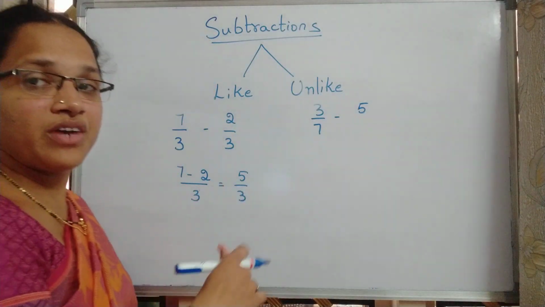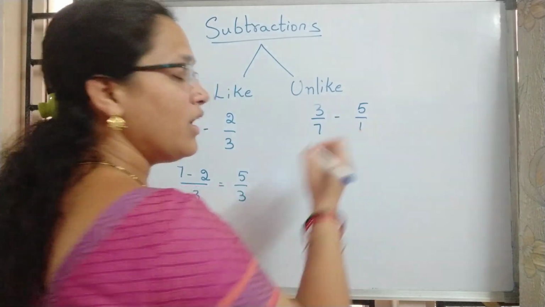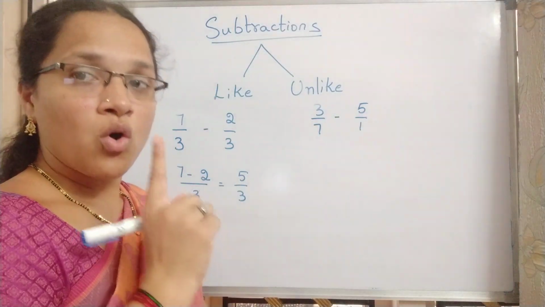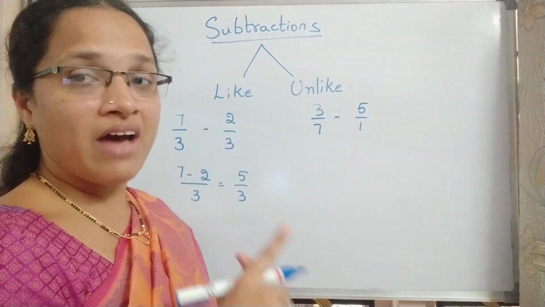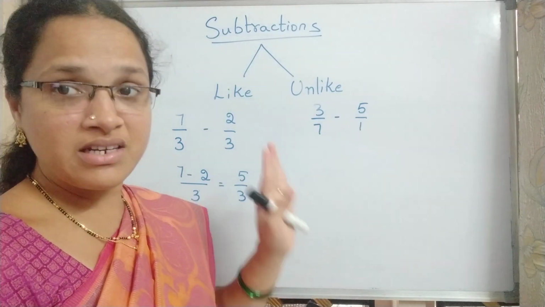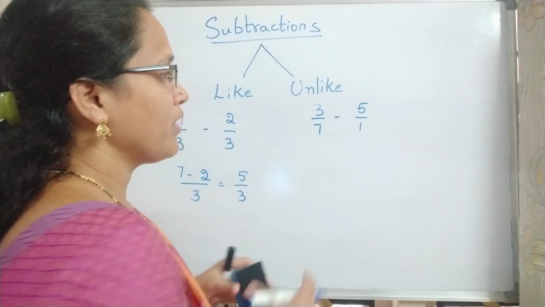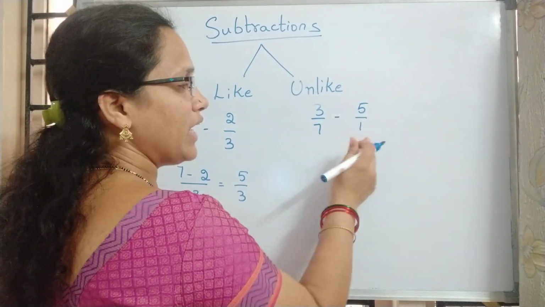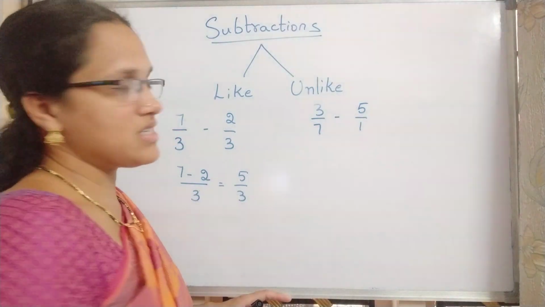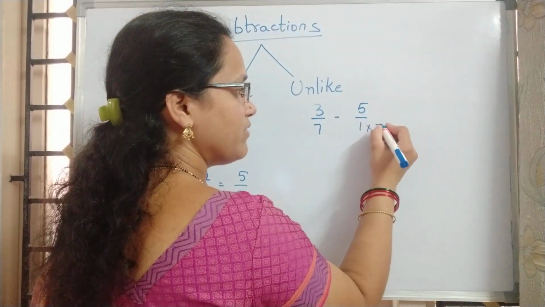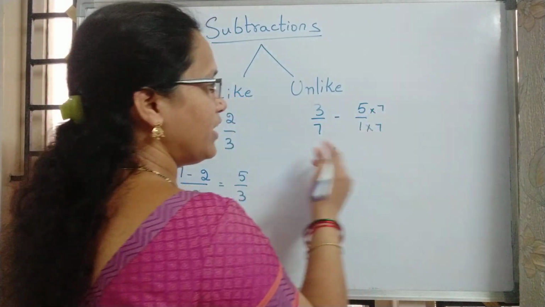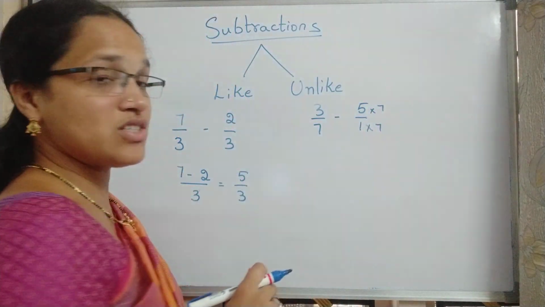This 5 can be written as 5 by 1. Remember that whole numbers can be written with a denominator of 1. If it doesn't have any denominator, you should write it as by 1. Now take the LCM of 7 and 1, which is 7. So you multiply the other side by 7, into 7 and into 7.